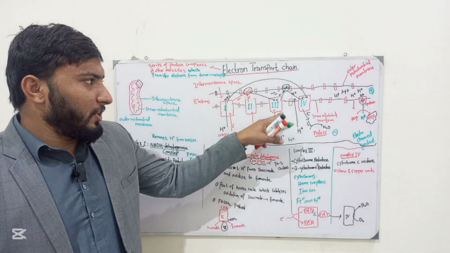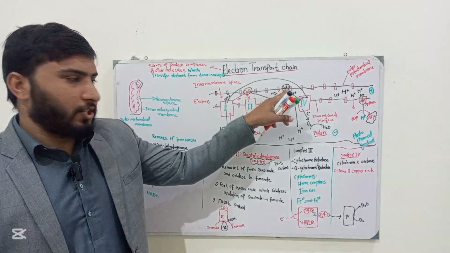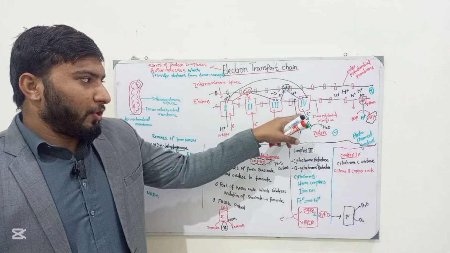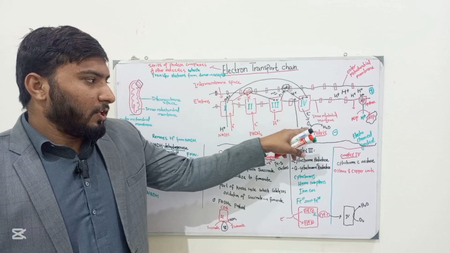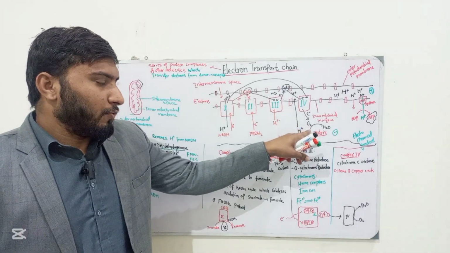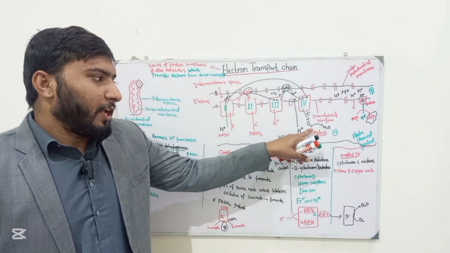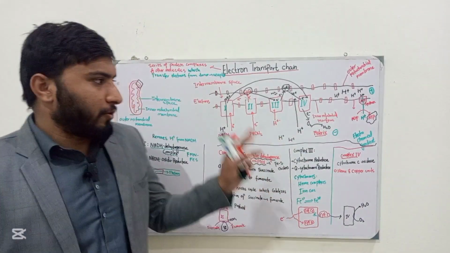Then protein complex 3 transfers electrons to cytochrome C. Cytochrome C transfers electrons to protein complex 4. Protein complex 4 transfers electrons to the oxygen molecule, which is the acceptor of electrons. It was all about electron transport chain.